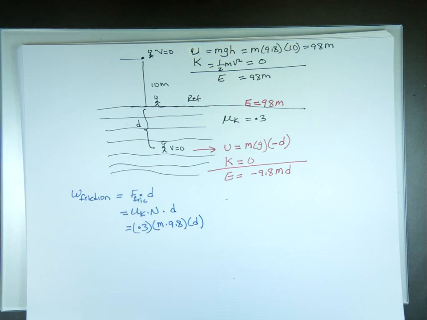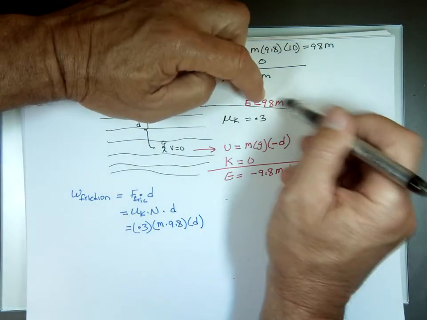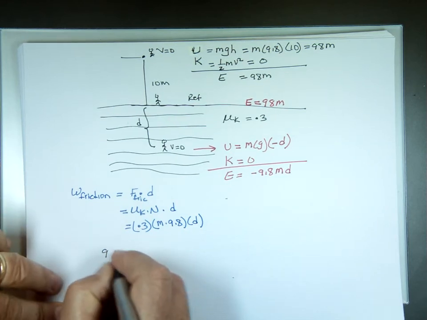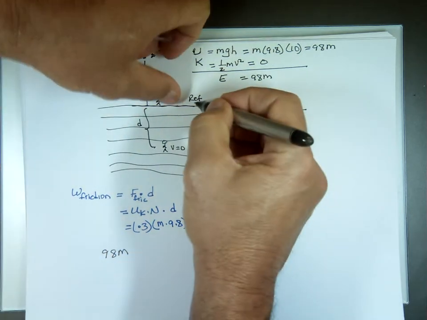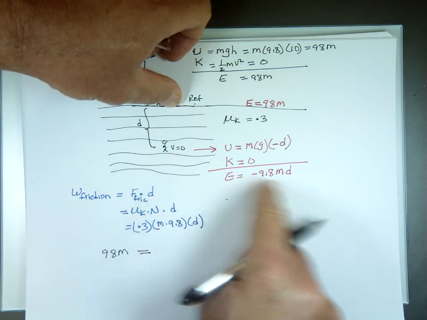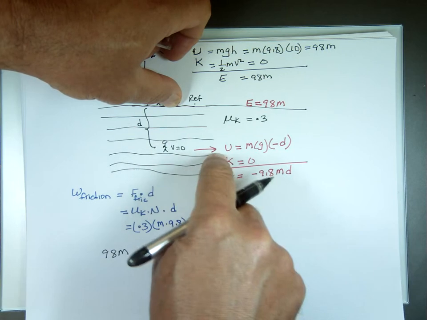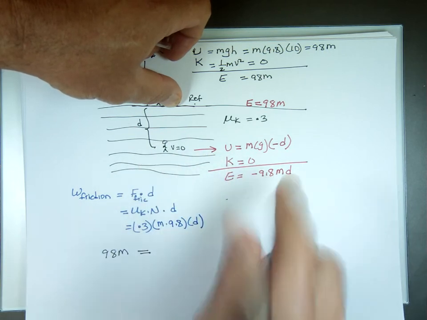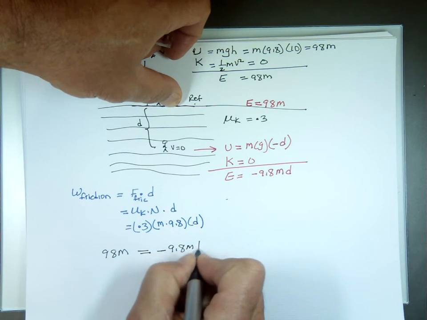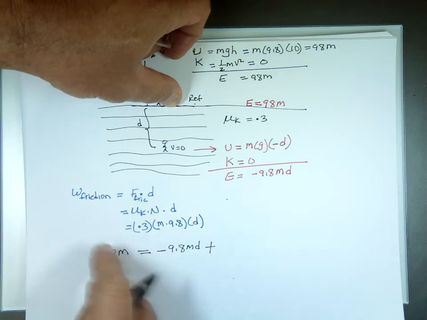So that energy I had with me here, the 98 m, I had before I enter the water, should equal to what? The energy I have once I'm at the bottom of the pool, this energy, plus all the energy I lost here.